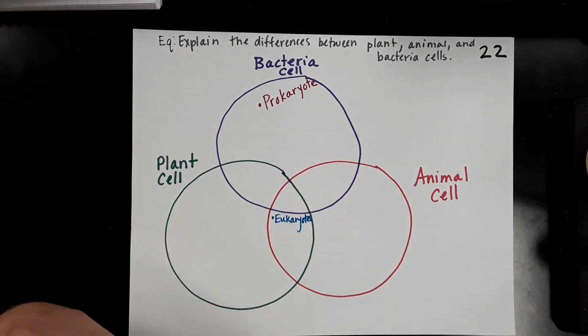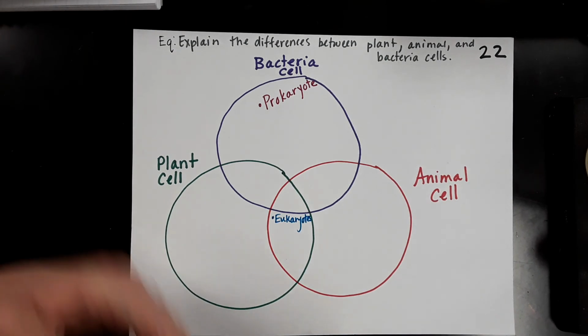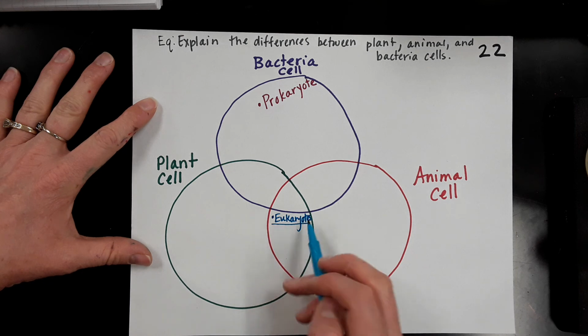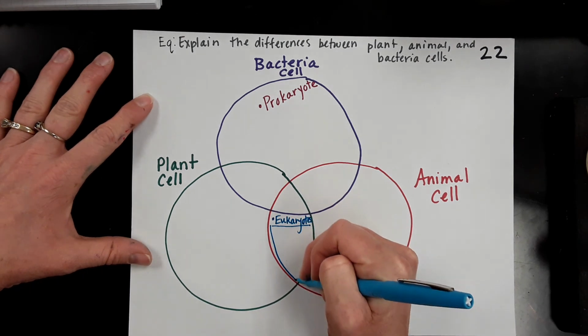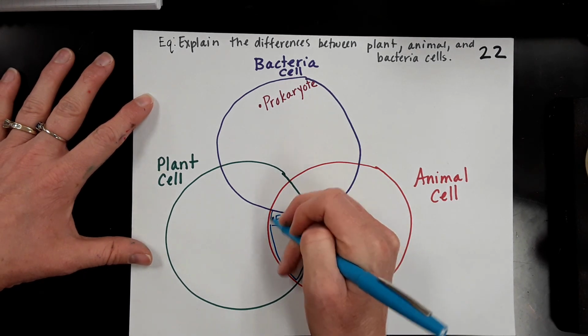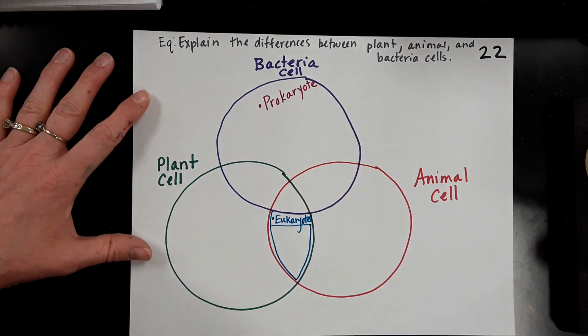And eukaryotes, if you remember, have membrane-bound organelles. So everything in this section are organelles that have membranes because they're eukaryotes.